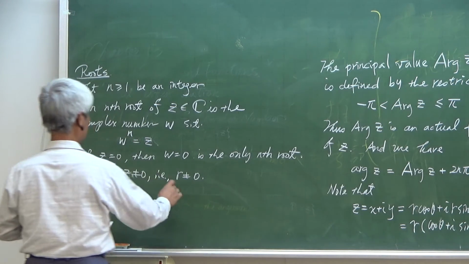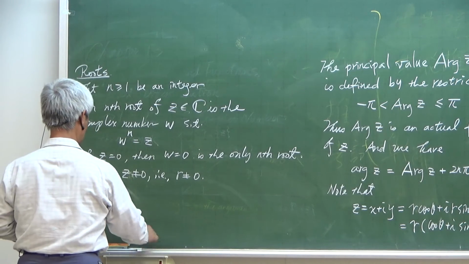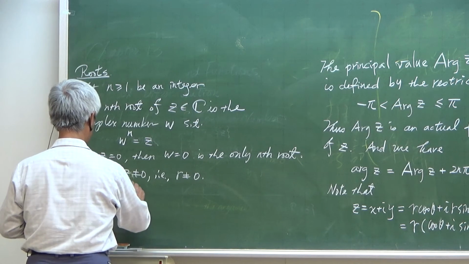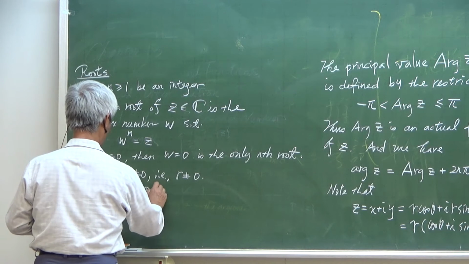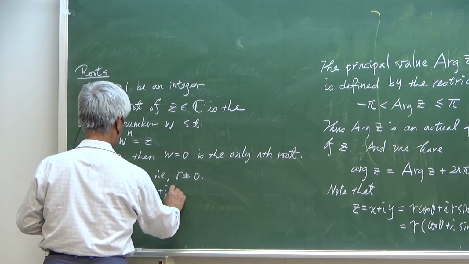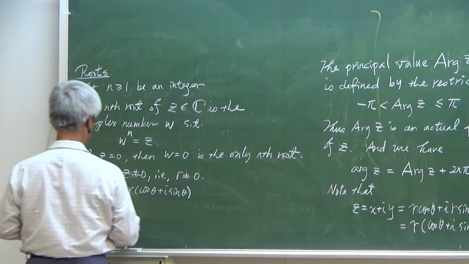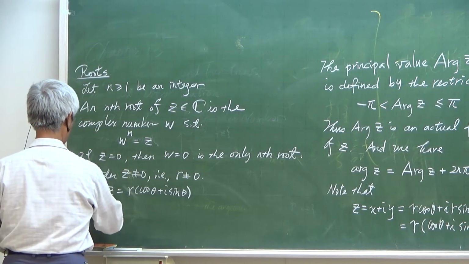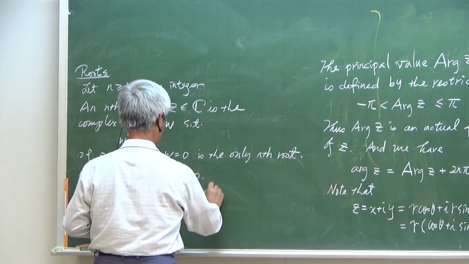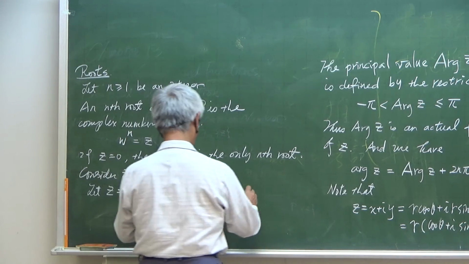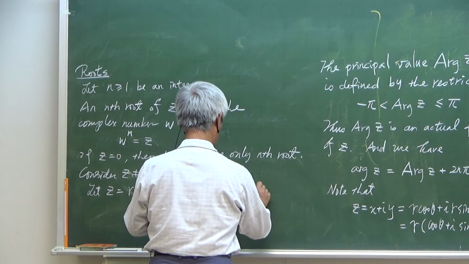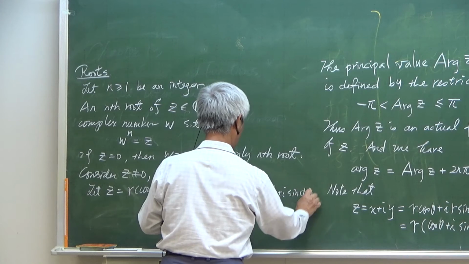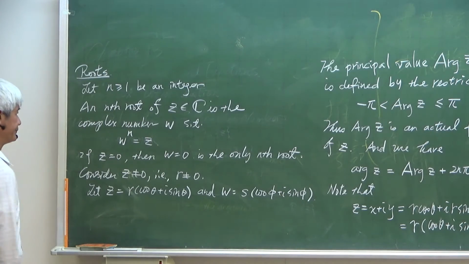Alright. So now we let z be represented in polar form, and w also is represented by s times cosine phi plus i sine phi.